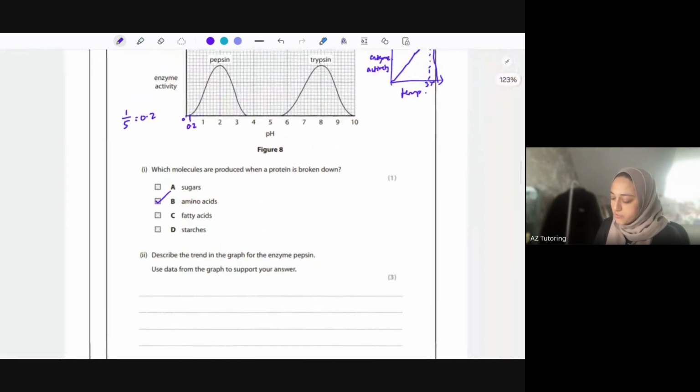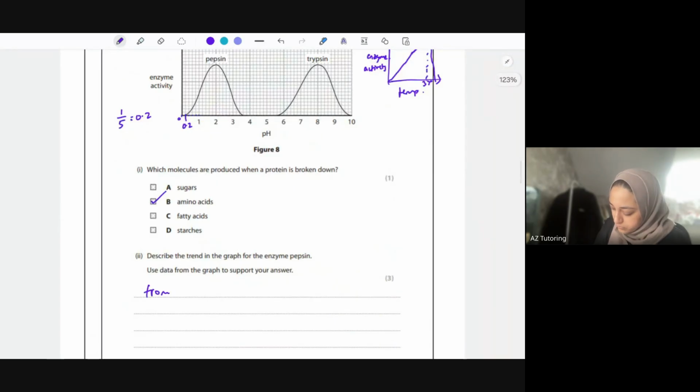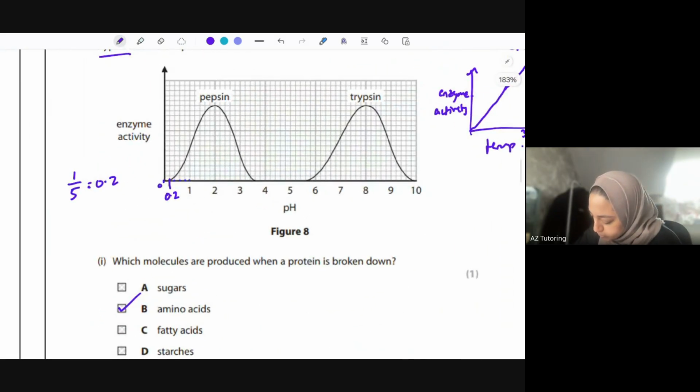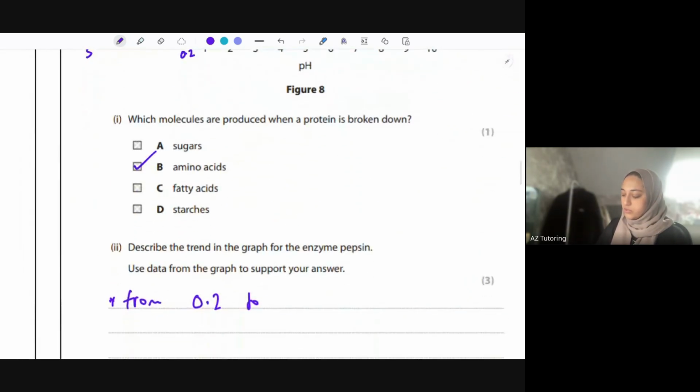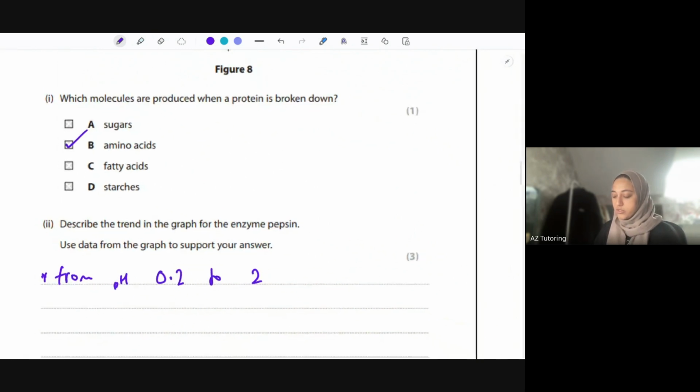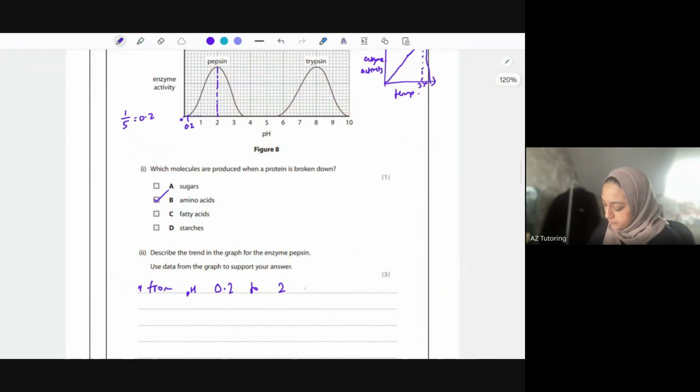So what you could say is from 0.2 to this peak over here, which is 2, it's increasing. But you shouldn't just write 0.2, because I'm not given context as to what that is. So from pH 0.2 to 2, you can see the enzyme activity increases.